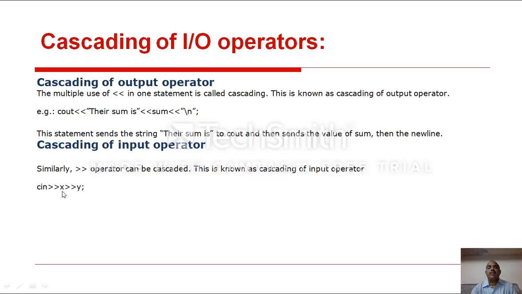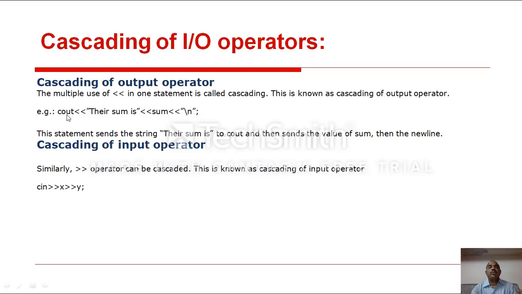Here cin x, y. How many values are we reading? There are two values, the first is the x value, the second is the y value. Here we use only one statement. How many extractions? Two extractions. Then cout displays one value, then displays another value in another statement. This is also the insertion operator.